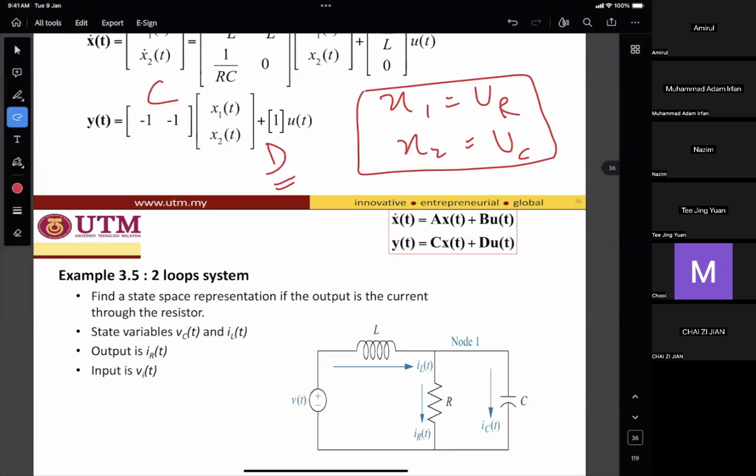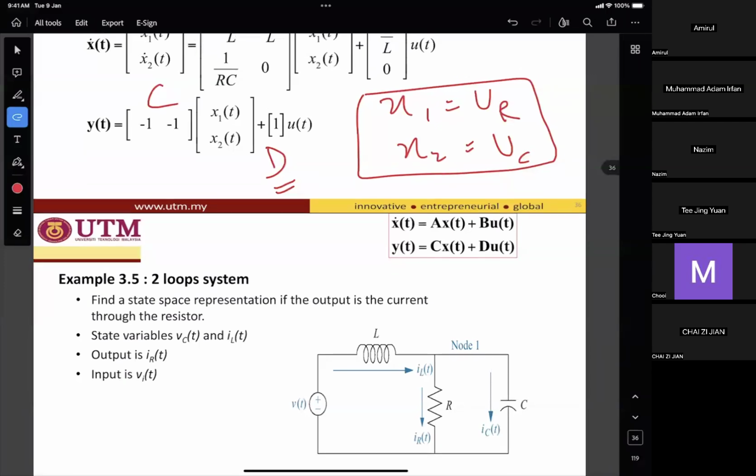How, doctor? Wait, I'll try to write. What happens when we change the state variables from x1 equal to q, x2 equal to I, to the new state variables x1 equal to VR and x2 equal to VC? What changes happen?